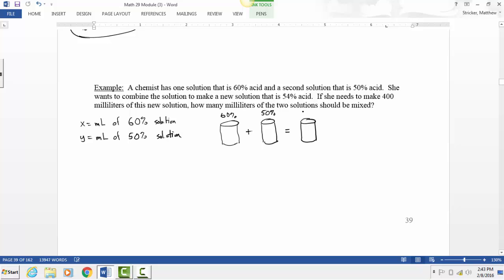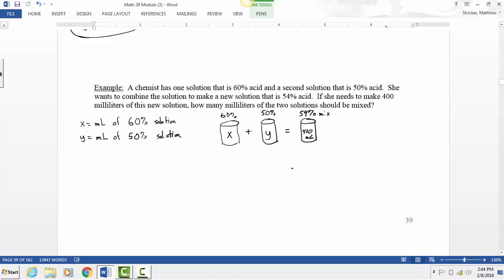And the mixture is 54% acid, so it's 54% mixture. And we don't know how much of each of those types. That's what we're trying to figure out, the x and the y. So there's x milliliters of that and y milliliters of that that need to combine to make 400 milliliters of the mixture.